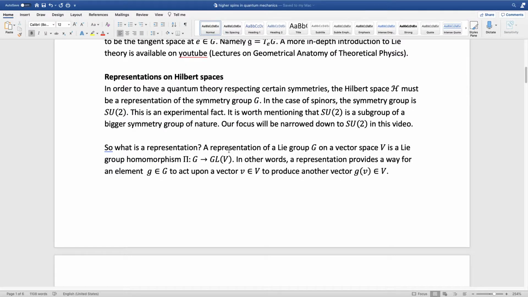A representation of a Lie group on a vector space V is a Lie group homomorphism. We call it big Pi, from the Lie group G to the general linear group GL(V) of invertible transformations on the vector space V. In other words, the representation provides a way for a Lie group element g to act upon a vector v in this vector space to produce another vector, g of v.